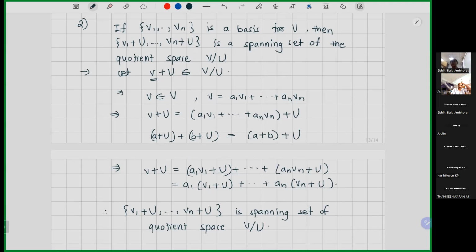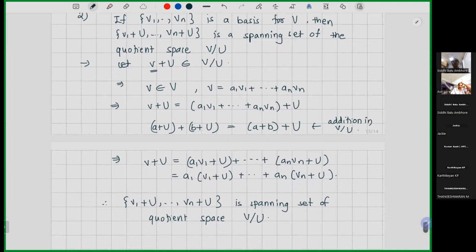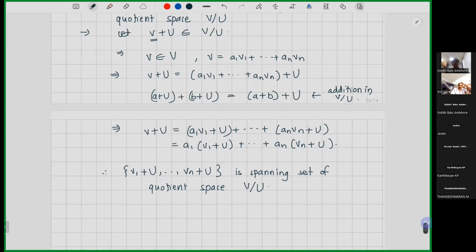This holds, so this is addition in V mod U. So I'm just splitting this.